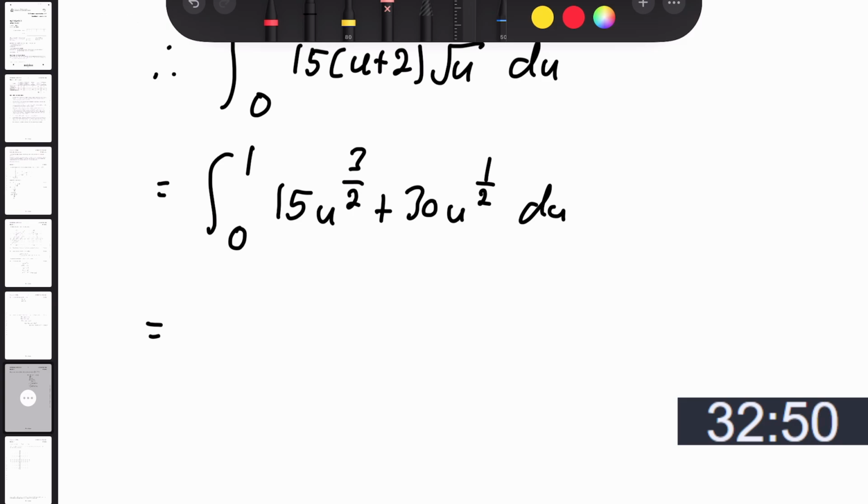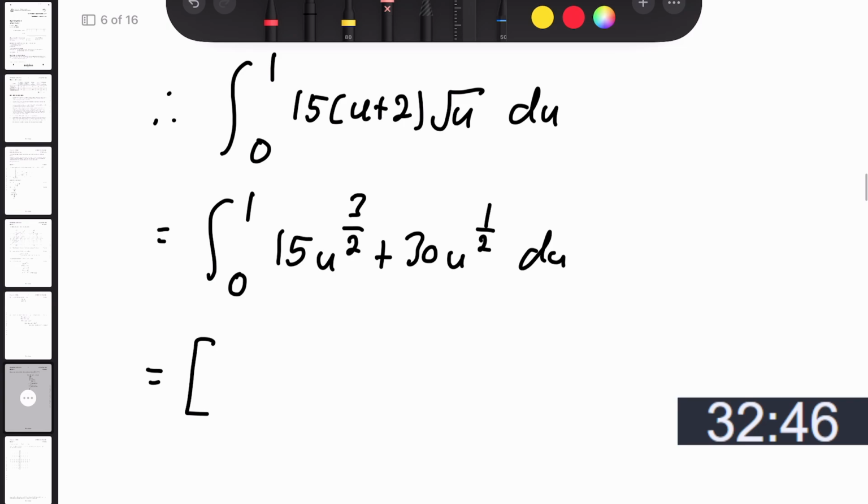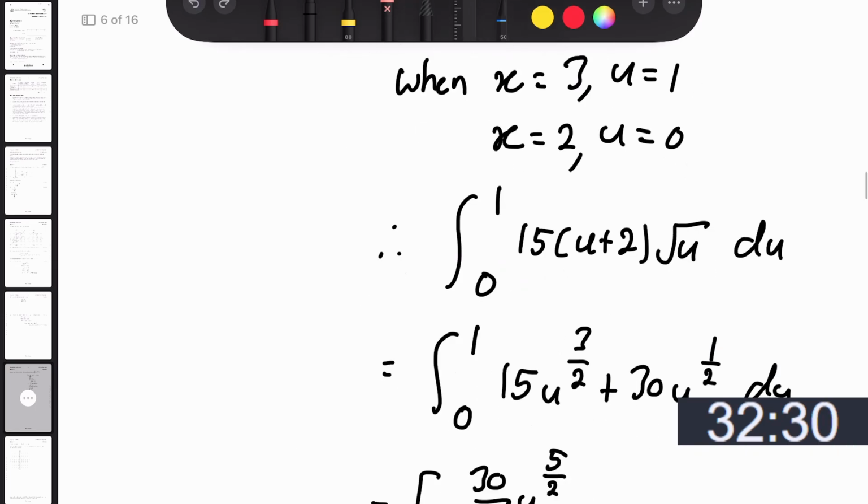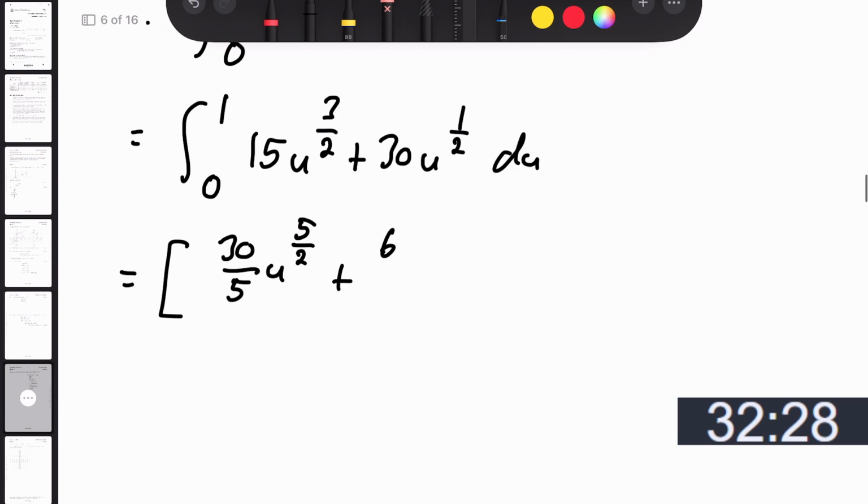And then this is going to be 30 on 5 u to the power of 5 on 2 plus 60 on 3 u to the power of 3 on 2 from 1 to 0.